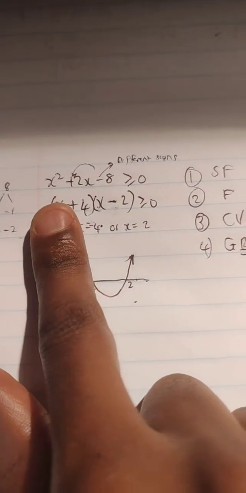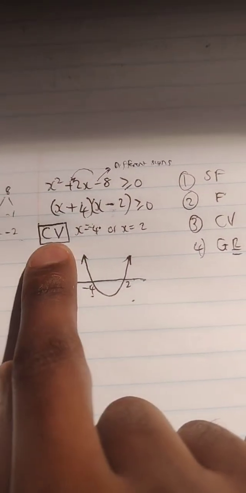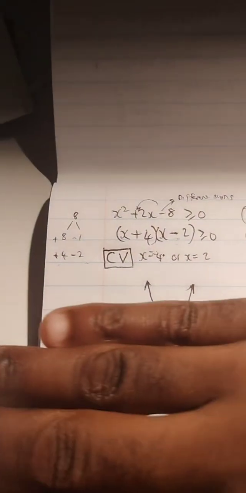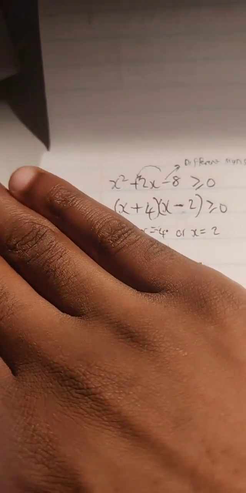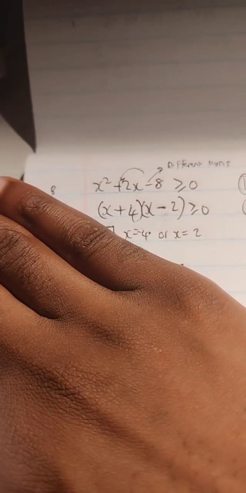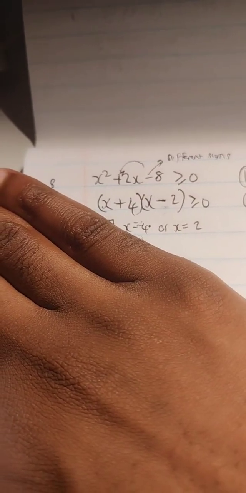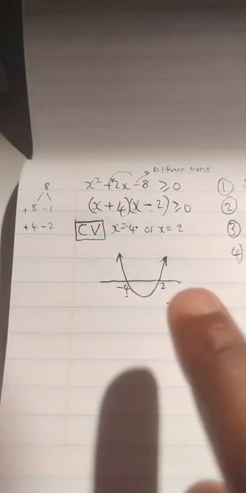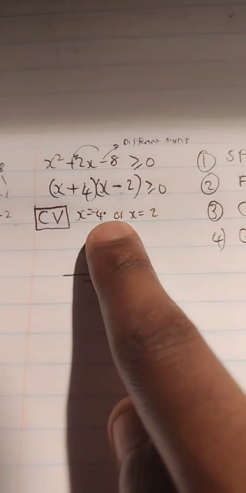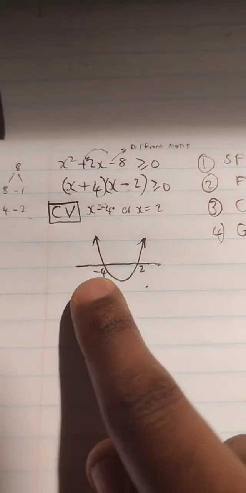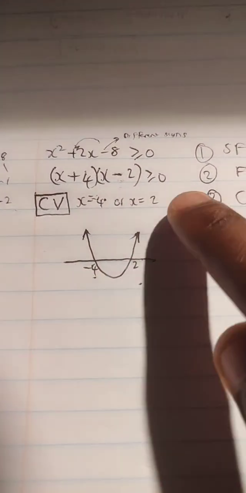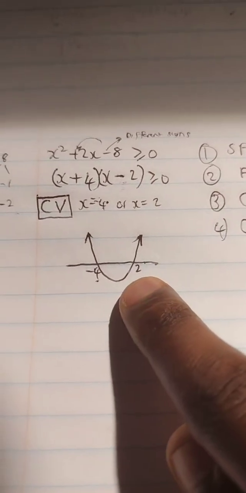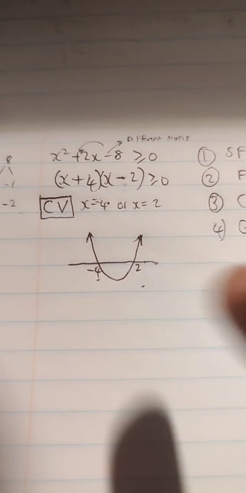If you write these without the CV, then you may be implying that this is your solution, and that is not the case. Critical values are the way to the solution, right? After identifying the critical values, this is your smallest critical value, this is your biggest critical value.